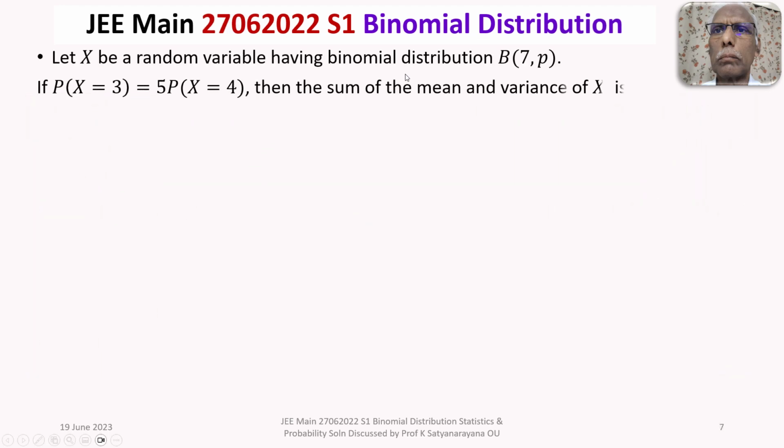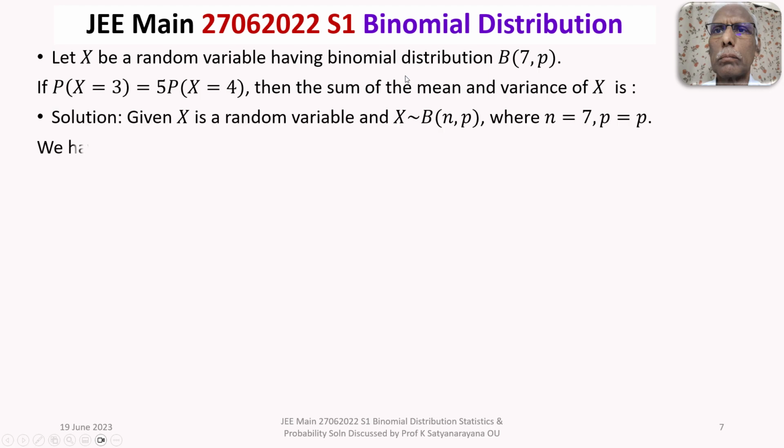That is our given problem. Solution. We are given X, a random variable, and X is equivalent to B(n, p), where n is equal to 7 and p is equal to p. So because X follows B(7, p), therefore n is 7.